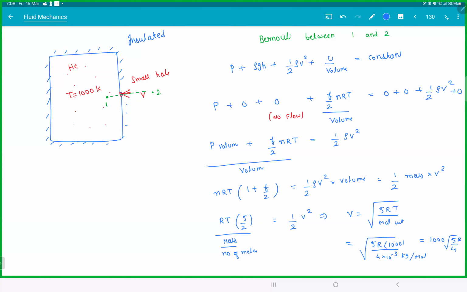Please look at the steps. Any doubts on this? Clear? Next one.